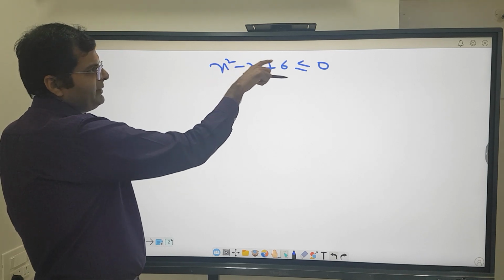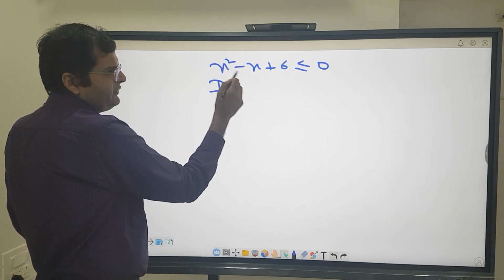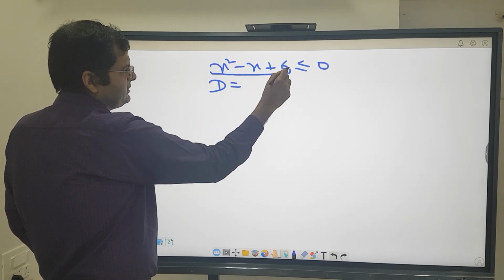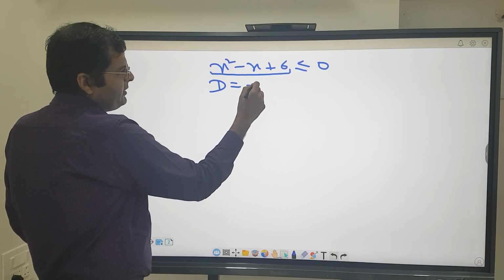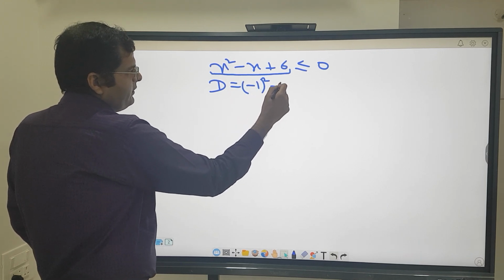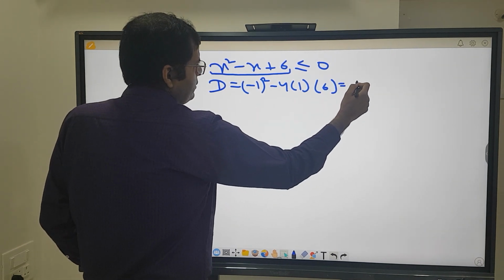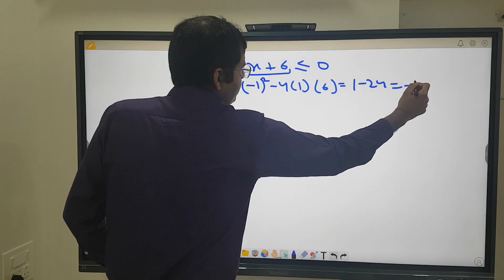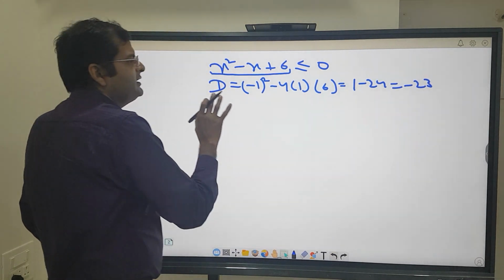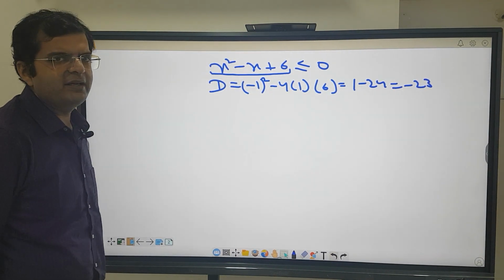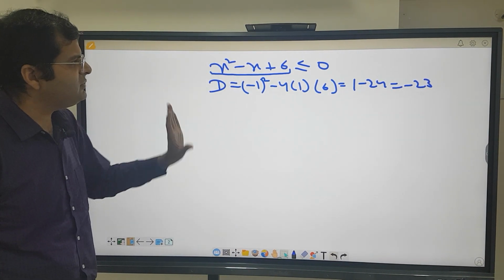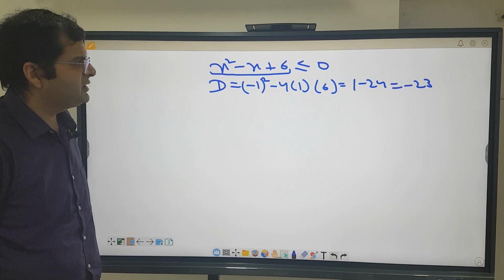But that will become plus 6. Let me find the discriminant of this quadratic expression. The discriminant is b square minus 4ac, which is minus 1 square minus 4 into 1 into 6. That is equal to 1 minus 24, which is minus 23. So the discriminant of this quadratic is negative. That means this quadratic has no real roots.